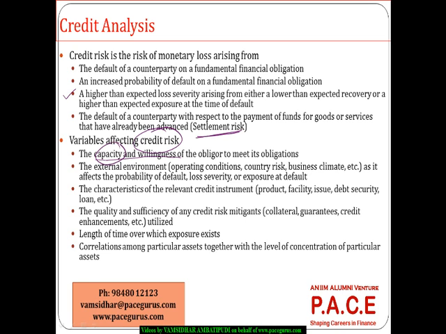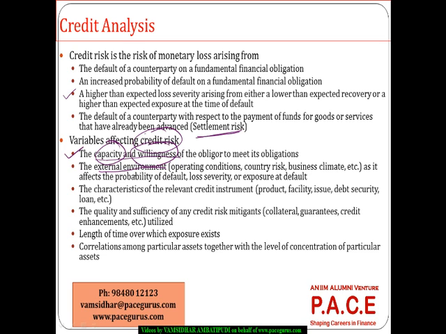One, the capacity, the financial capacity or the financial ability of the borrower in terms of meeting the obligations, and two, the behavioral aspect, which is the willingness of the borrower to meet the obligation. So that's one major dimension we have to assess. What is the capacity and the willingness of the obligor to meet the obligation?